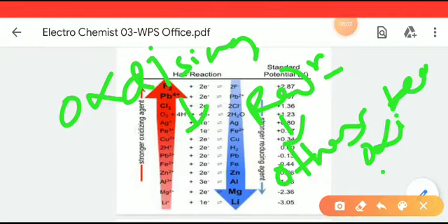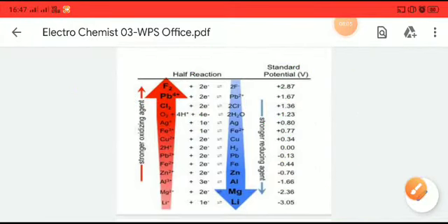Okay, so what does an oxidizing agent do? Oxidizing agent means the element or the compound itself becomes reduced and does oxidation to others.